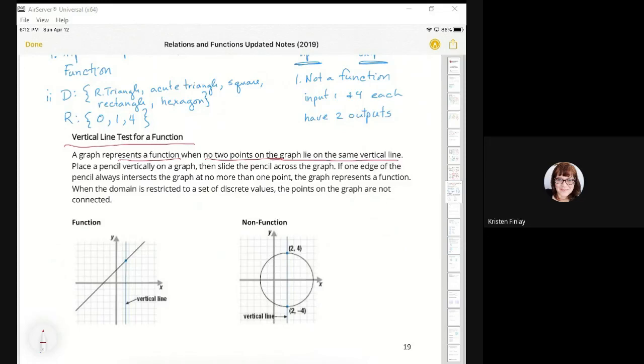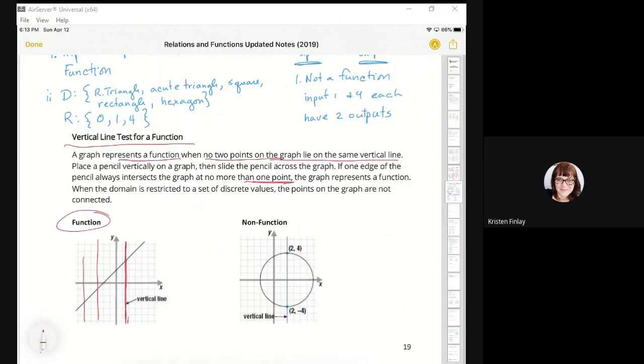So if we have a graph of any relation, we place a pencil vertically on the graph, then slide the pencil up and down across the graph. So here, I put my vertical line here. I could also put my vertical line there or there. If that vertical line only intersects at one point, the graph represents a function. So this one would be a function.